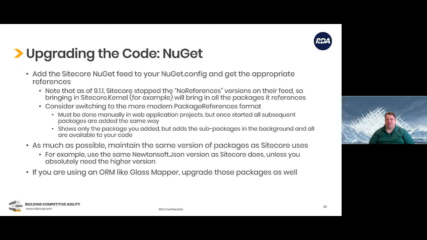But if you modify the csproj file and just add one in with the format, all of them will fall in that way. The nice thing is it will only show you in the project references the exact package you added, so Sitecore kernel, but all the sub packages are added in the background. So behind the scenes, you'll find them all, and all the references will be available to your code. So it makes it a little bit cleaner. It's, again, more quote unquote modern technique.